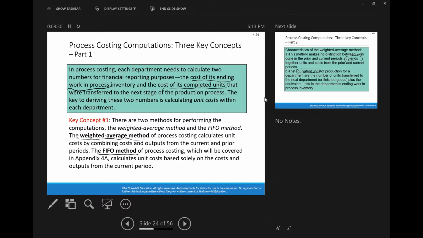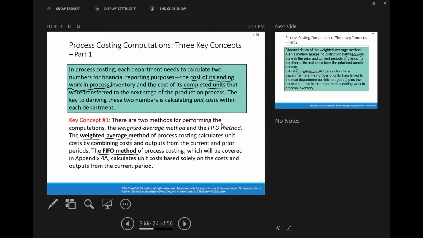There's a percentage that they're completed. So we need to figure that out. Whatever the percentage complete is, that's what we're going to use. And then we have the cost of the completed units. So we're pulling units out, going into either the next department or going into the finished goods, and we have to calculate that as well.